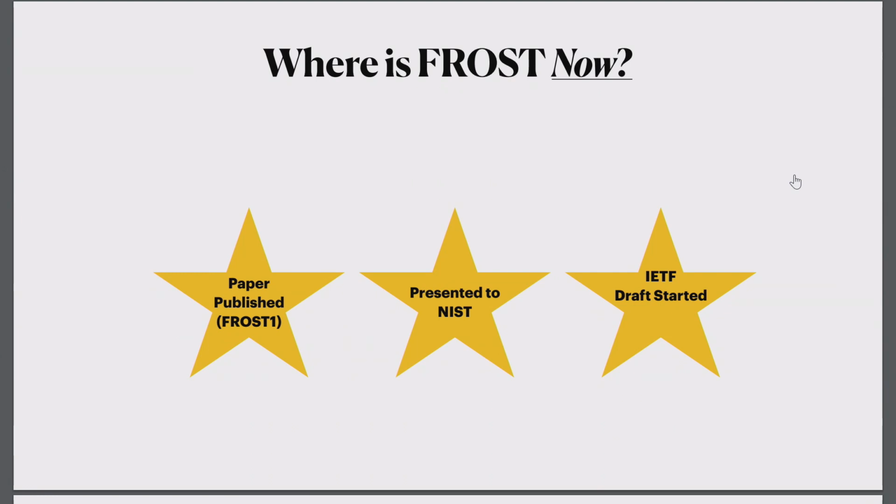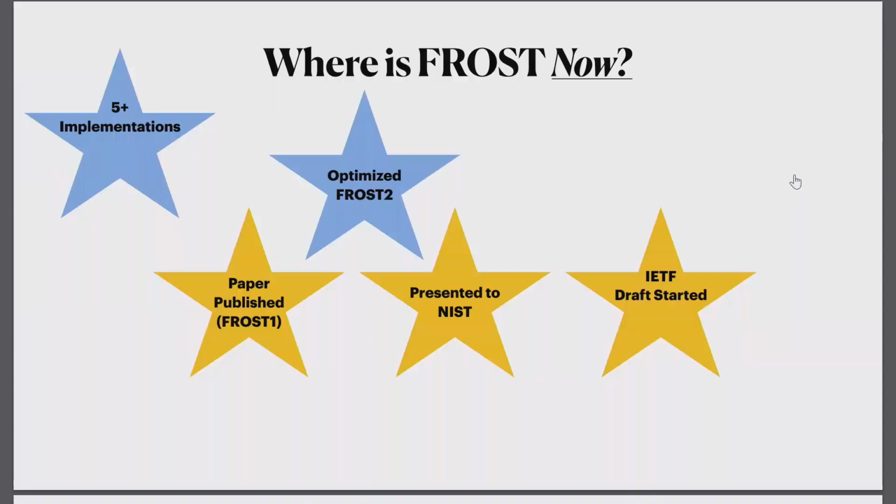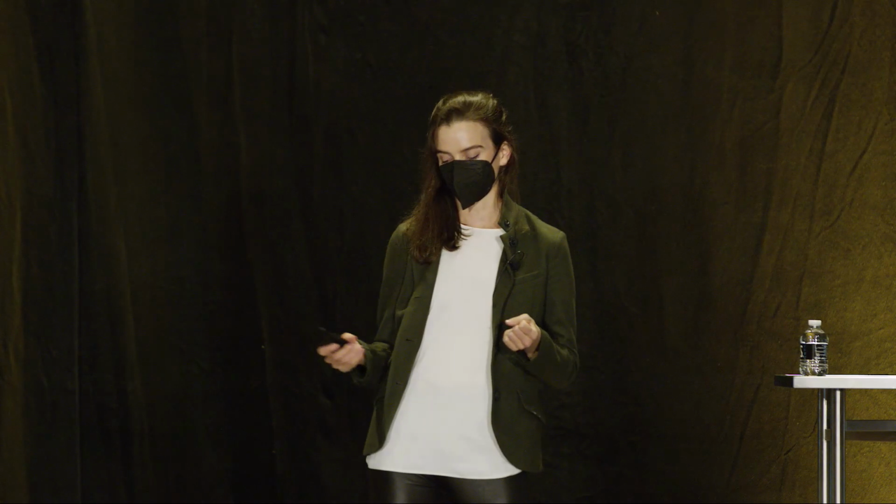Now let's look at where Frost is today at this Zcon. I checked on GitHub, and there are at least 5 public implementations of Frost. There are probably more private implementations, but it's not just our implementation. Other people have implemented it as well. We have an optimized Frost 2 that Liz will be talking about in a little bit.